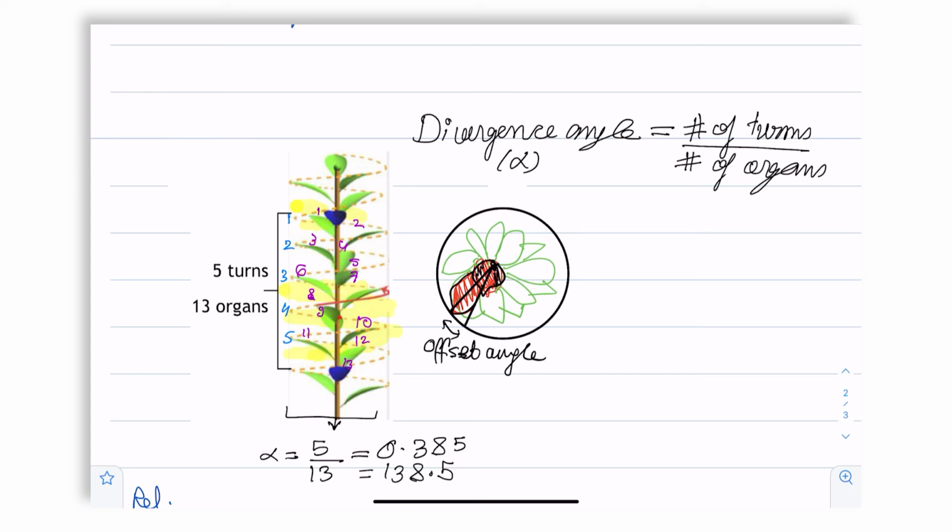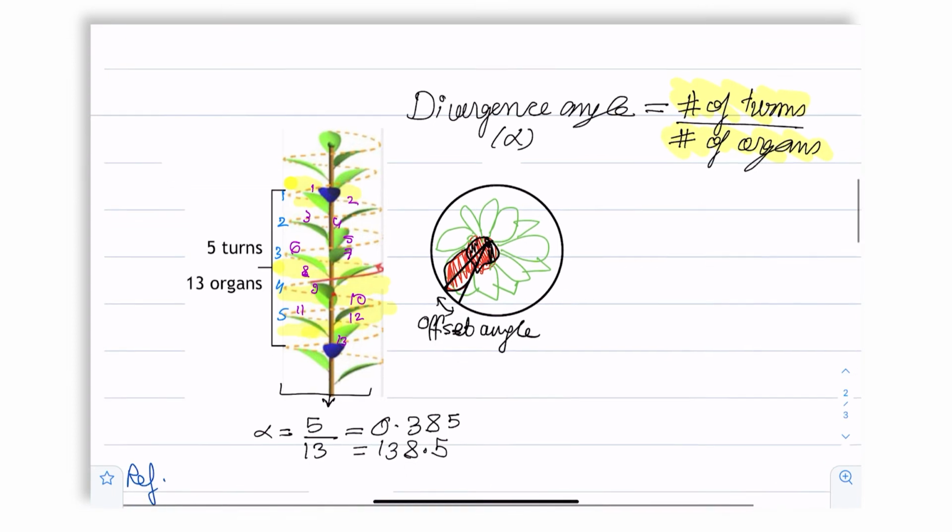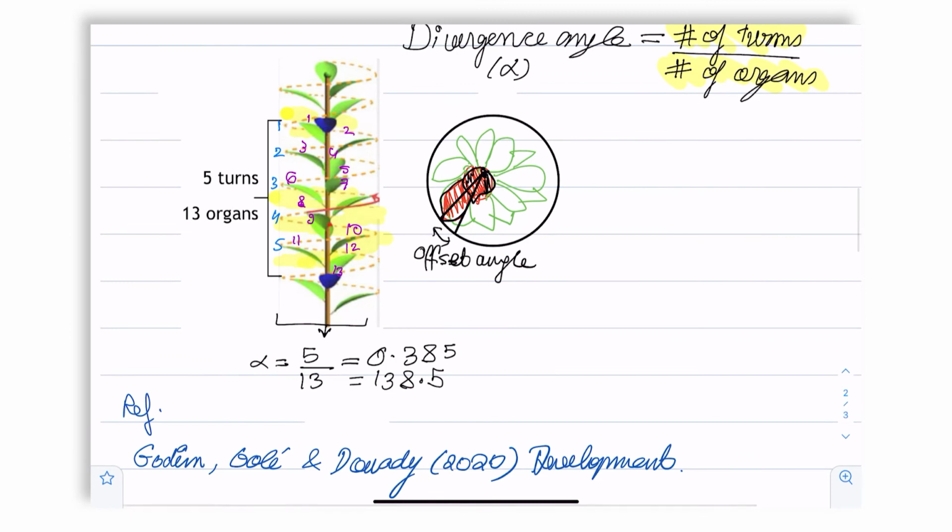And by definition, it is the ratio of the number of turns divided by the number of organs that pass through those number of turns. So we get this value, which is 5 by 13, which is 0.38, which is in units of turns.